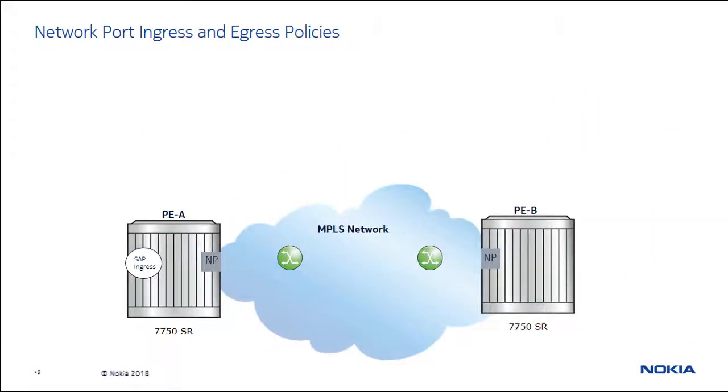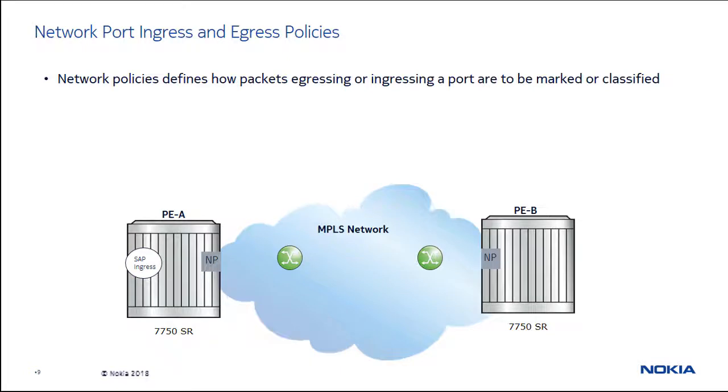Alright, let's talk about a different policy, the network policy. The network policy defines how packets are to be marked or classified when ingressing or egressing a network port. At the service provider's PE router, the customer packets that have been classified to different forwarding classes based on the SAP Ingress policy are now forwarded to the network egress port. Here the egress policy needs to mark packets appropriately before being sent out the network port.